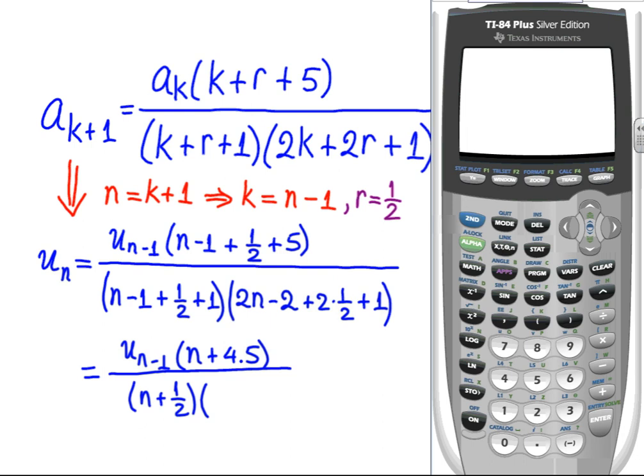And then let's see what we can simplify here. That minus 2, this is 1 and 1, so pretty much it cancels everything. We only end up with 2n, so let's say n plus 1/2.